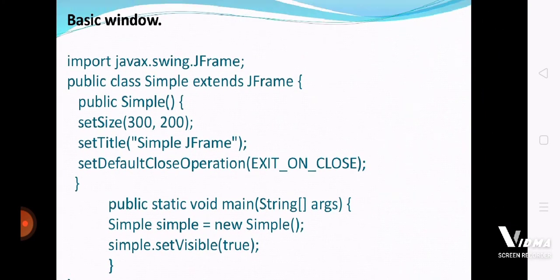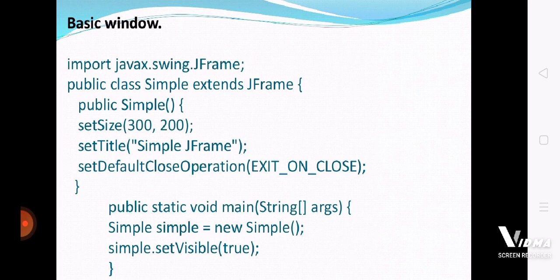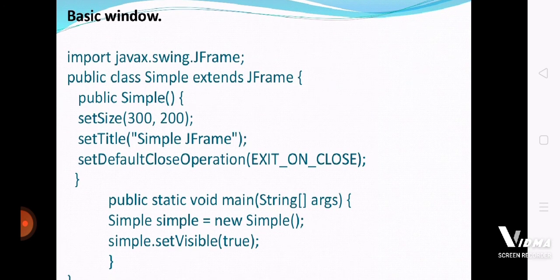Here is a programming code in which we are using a JFrame from the Swing library. If you want to use the Swing package, we have to import it. I have already told you in my earlier lecture how we import Swing. We will write the statement import javax.swing.JFrame if you want to use the JFrame in your applications.